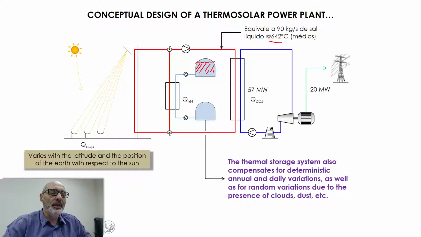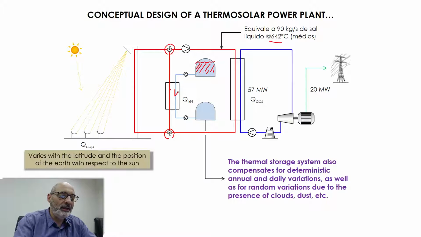So at the end of the day, this reservoir is full of liquid salt at 642 degrees. During the night, I change the configuration of these valves here. So we don't have any more salt flowing by the tower, and during the night we reverse the flow here. So we have hot liquid salt that is heating the liquid salt of the primary here. So we transfer all this hot salt to this reservoir.